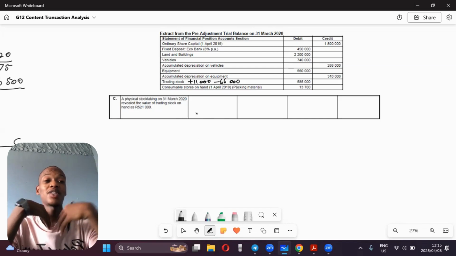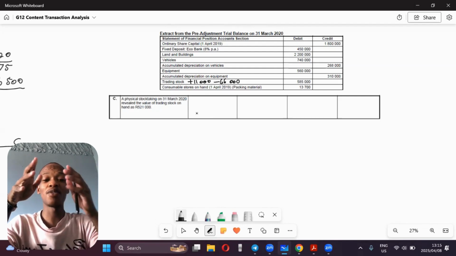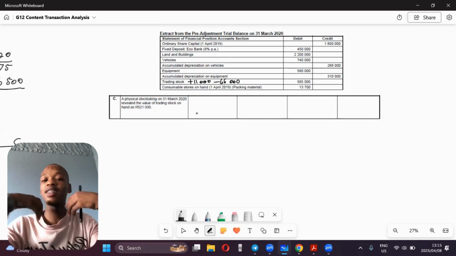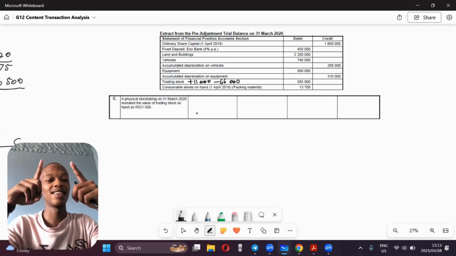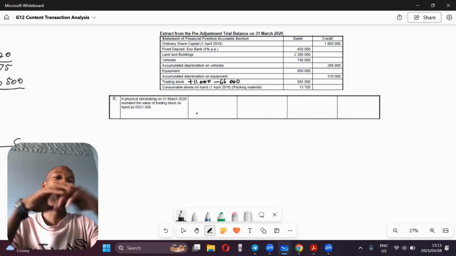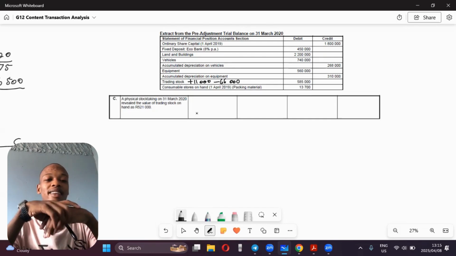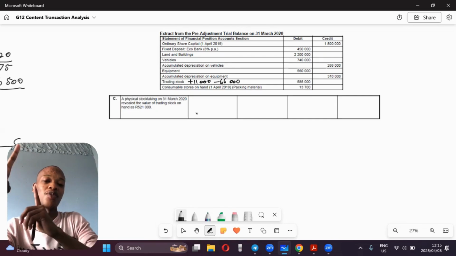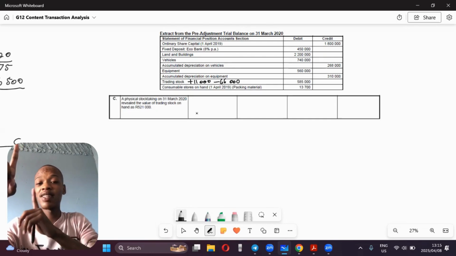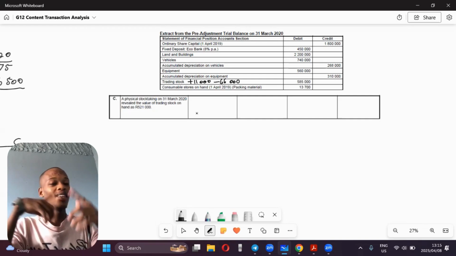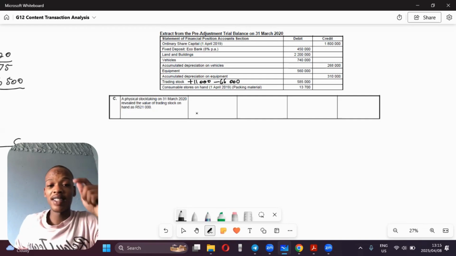According to the business, we are sure this is how much our stock is worth, only to find out that is not the case. So then the auditor will say, you think your stock on hand is worth this much, but according to me, it is worth this much.